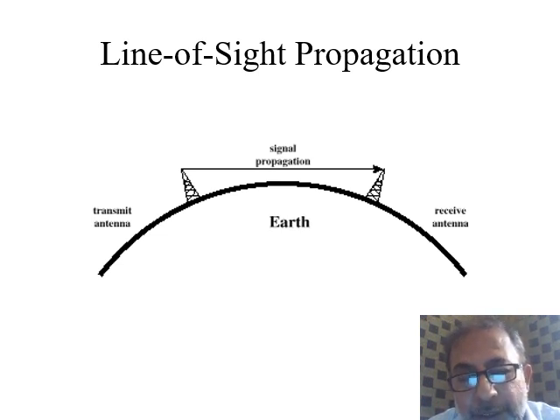If we keep increasing the distance, a time would come when the line of sight would be a tangent to the Earth's surface. And as we go a little further, the line of sight would be blocked by the Earth's bulge.